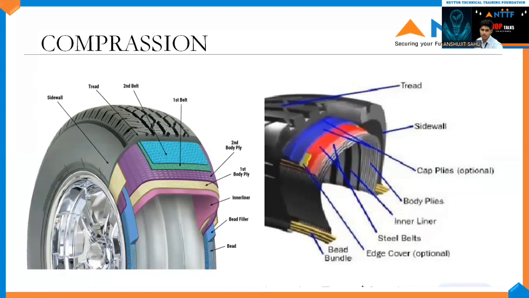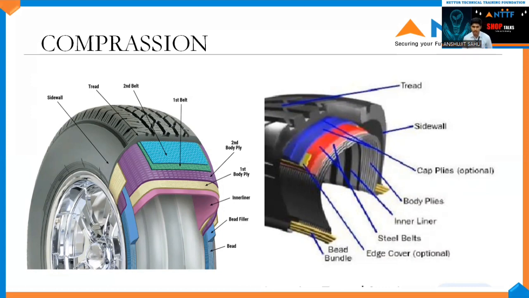And there are two types of ply: second body ply and first body ply. Then the inner liner, bead filler, and bead. In the first body ply, we have a hard surface for the pressure we get from the car. It will impact the first body ply and second body ply. In the inner liner, we have the shape of the tire.